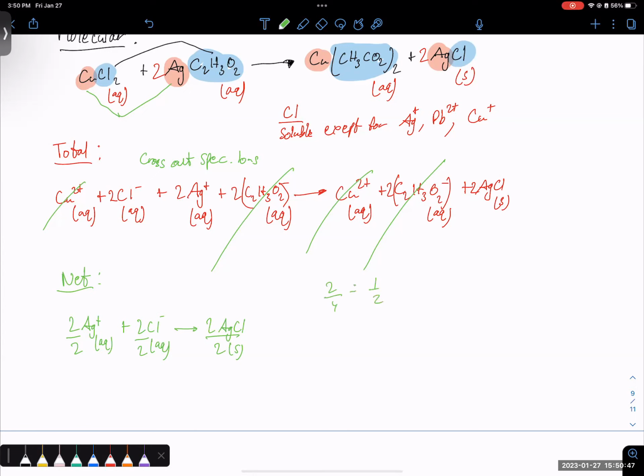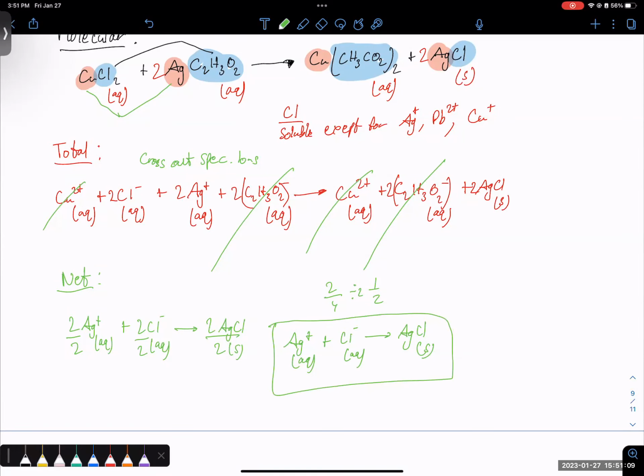You get that by dividing by 2. It's the same thing here: 2 Ag, 2 Cl, 2 AgCl is the same thing as Ag plus Cl minus makes AgCl. This is aqueous again, that's aqueous, this is solid. So you've got to reduce everything down to its lowest terms. That's what I mean by that.